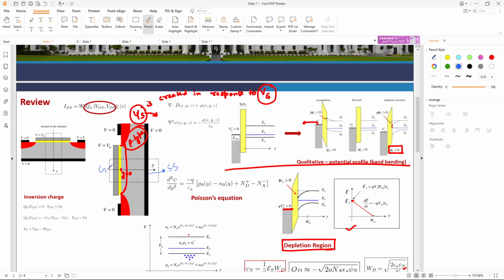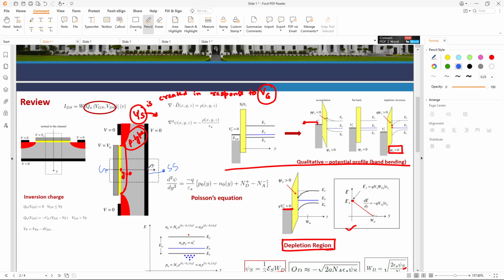If we are looking at the voltage applied across these two terminals, we can see that this device essentially acts as a parallel plate capacitor, with the yellow region, the insulator, acting as a dielectric for it. So I have a metal electrode on one end, a p-type semiconductor electrode, very vaguely speaking, and an oxide dielectric in between.